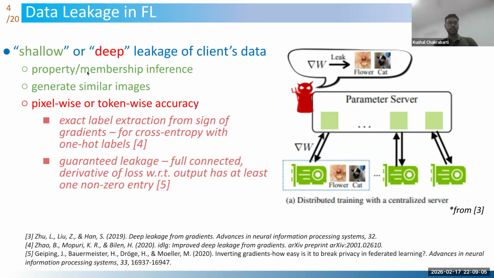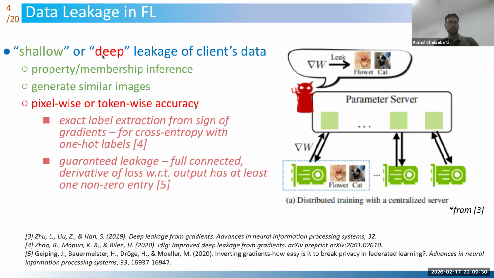the attacker tries to get a sense of membership inference or property, which is not leaking all the features of the dataset or the entire data sample, but some features of it, or whether a particular data sample was actually used in the training for a certain agent or not. That is called membership inference.